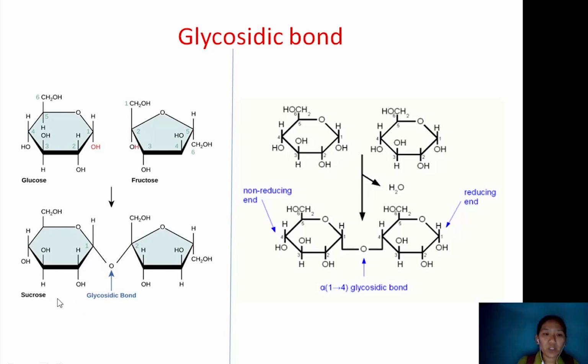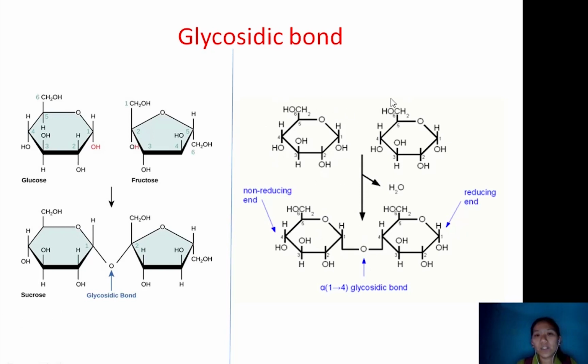In sucrose, you don't find a free aldehyde or free ketone because they are lost during glycosidic bond formation. So such a sugar, sucrose, becomes a non-reducing sugar.